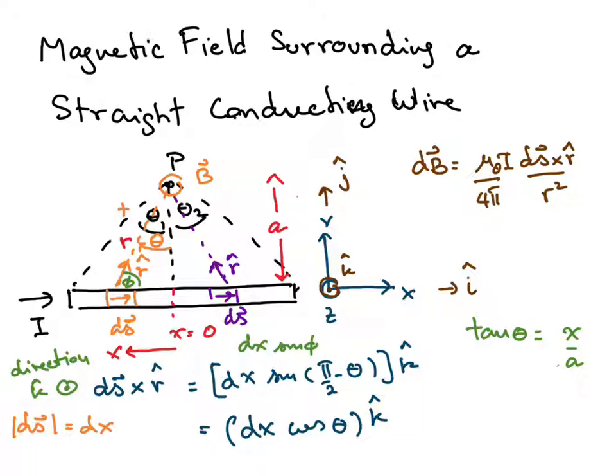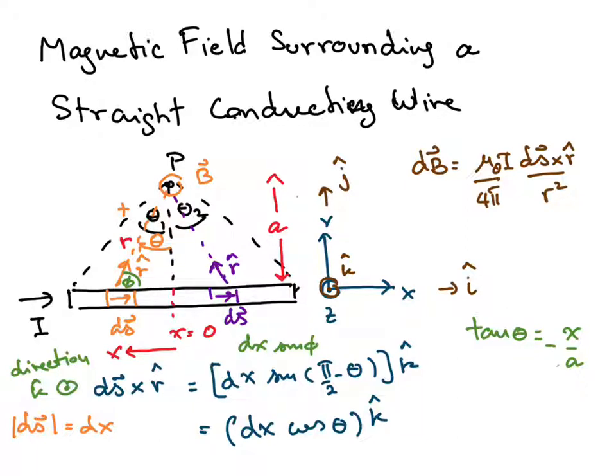So this tan theta is positive, right? But x is negative. To make the left-hand side and the right-hand side equal, we must put the negative sign here.